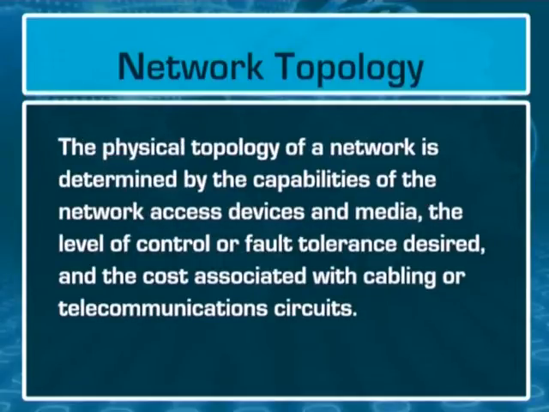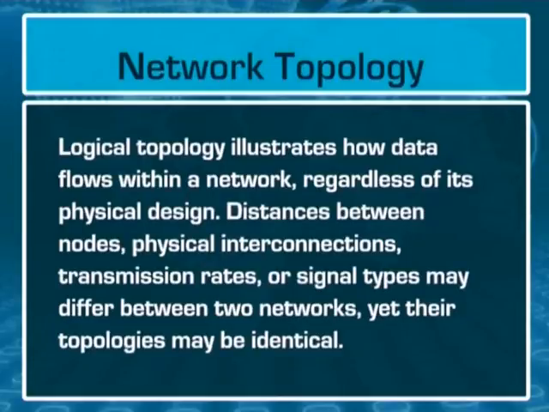The physical topology of a network is determined by the capabilities of the network access devices and media, the level of control or fault tolerance desired, and the cost associated with cabling or telecommunication circuits. Logical topology illustrates how data flows within a network, regardless of its physical design.